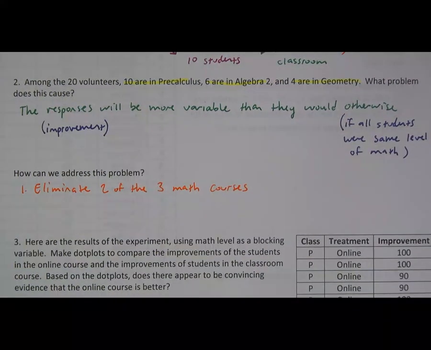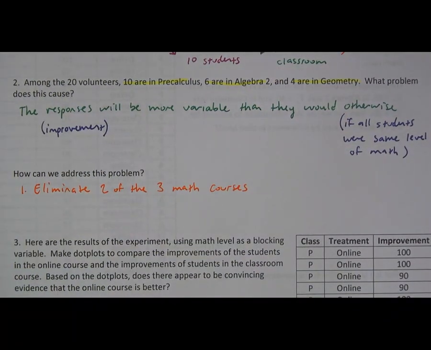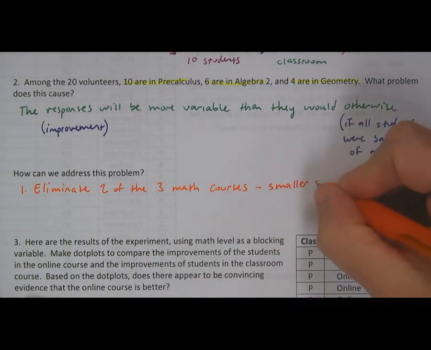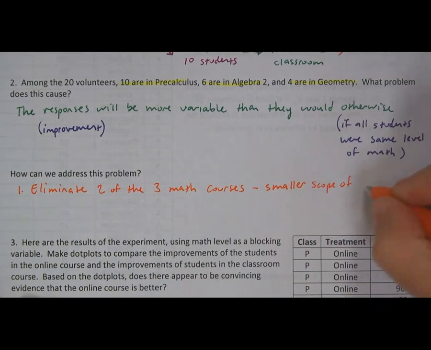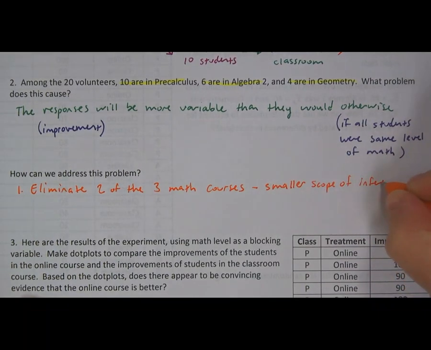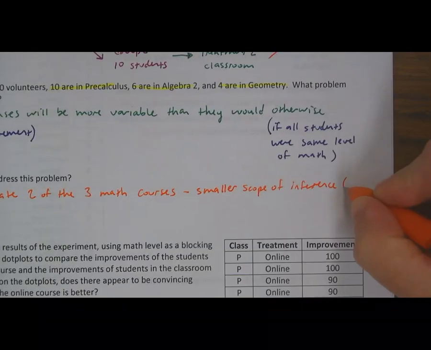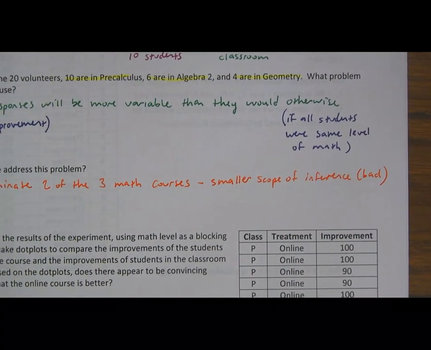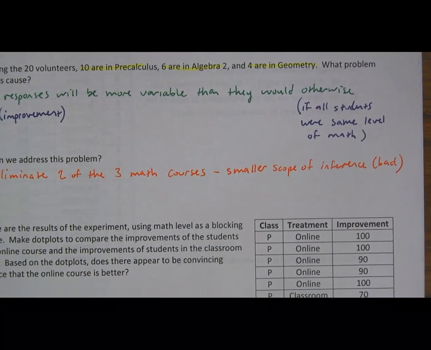If we want to address the problem of the data being so spread out, we could just say, okay, again, only pre-cal kids are going to be included in this. But that's going to give us a smaller scope of inference. That's bad. Smaller scope of inference. That's not a good option.